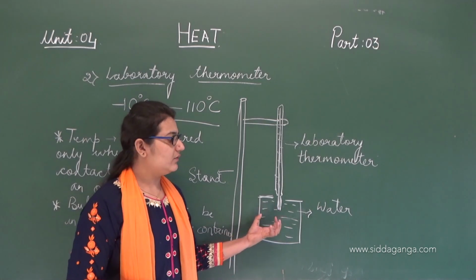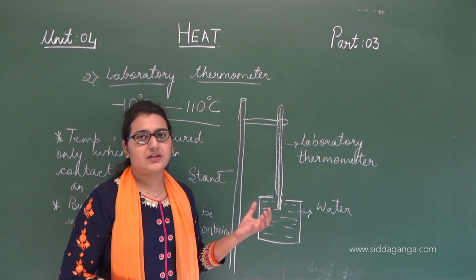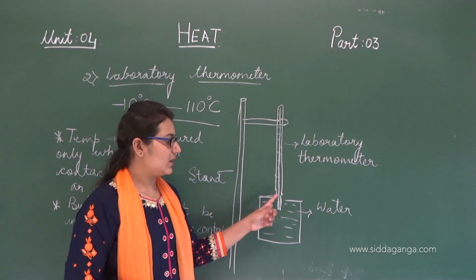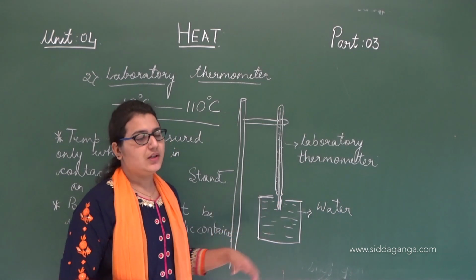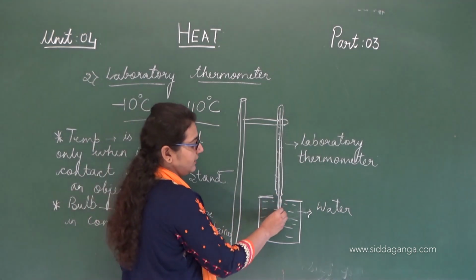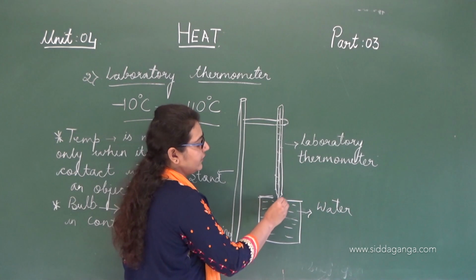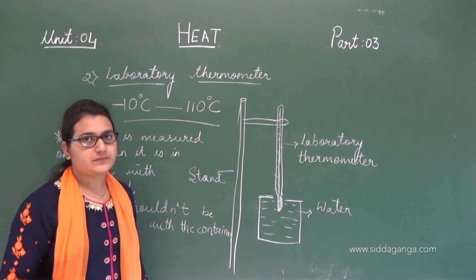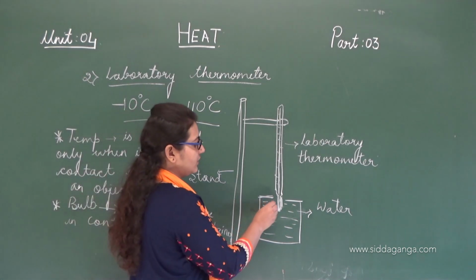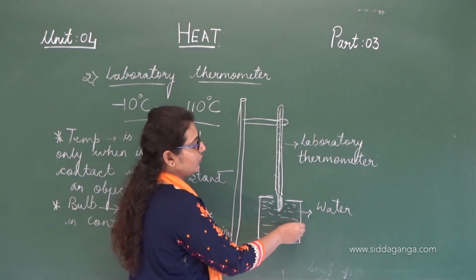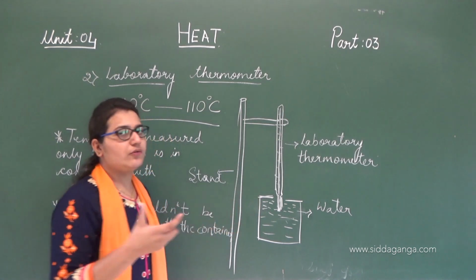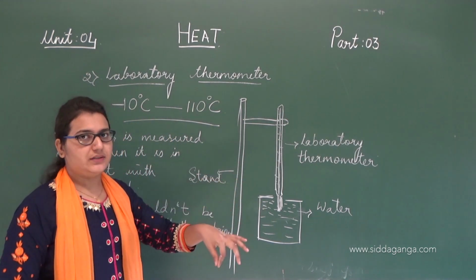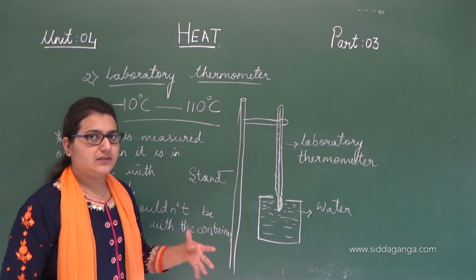Whatever object we are about to measure the temperature of should surround this bulb. So this is the bulb, right? We are trying to measure the temperature of water, so the water should surround this bulb. If we are measuring a hot cup of coffee, we just need to hold this thermometer straight and we'll get the temperature.